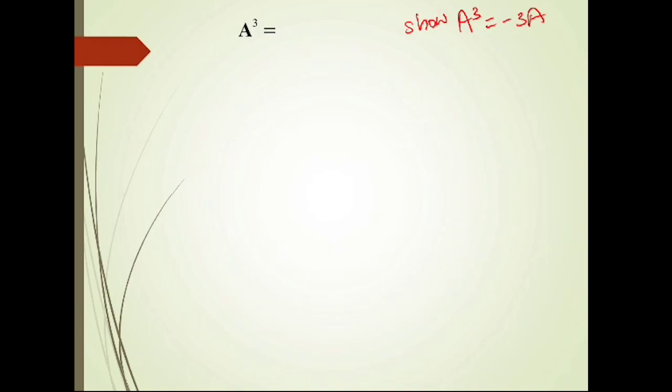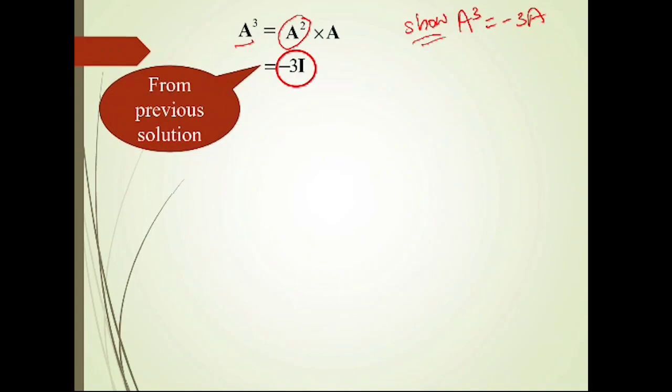Next question wants us to show that A power 3 is equal to negative 3A. How to show that? We can separate A power 3 to be A squared times A. And from the previous question, we know what is the value of A squared. A squared is just negative 3I.